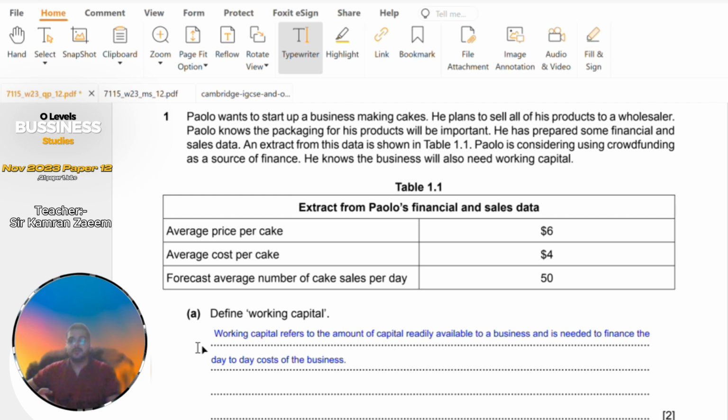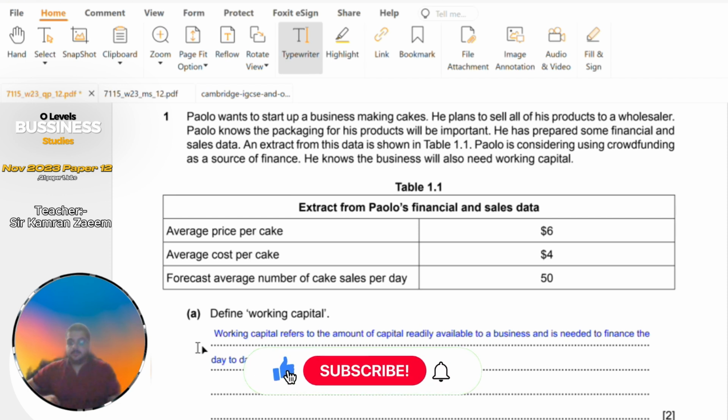All those would be your day-to-day costs. So the working capital is the amount that is available to the business to spend on all of those costs, to basically finance your business, to be able to pay for the regular costs that you would incur. That is your working capital.